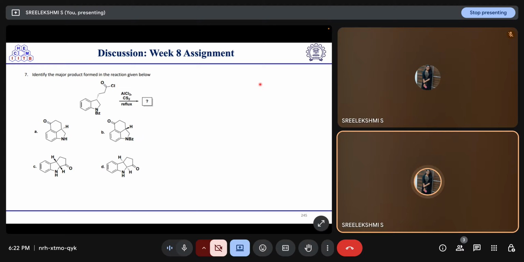Now the next reaction: identify the major product formed in the reaction given below. This compound, upon treatment with AlCl3 and CS2 under reflux conditions, which will be the major product here?